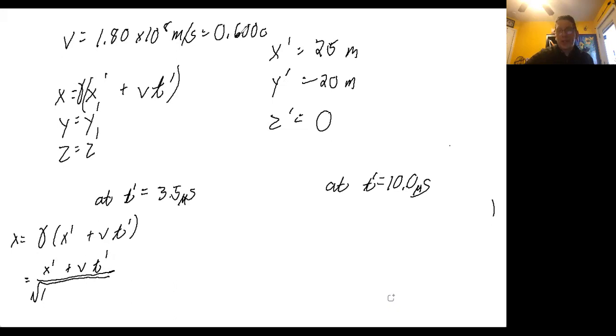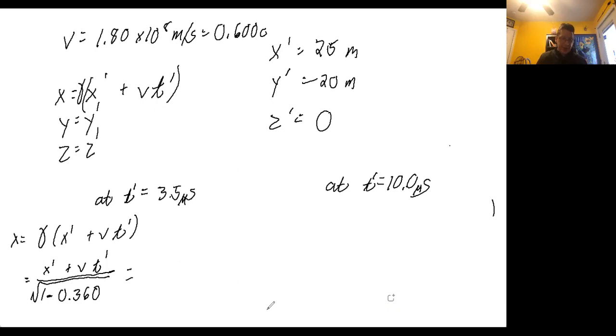So v squared over c squared is going to be 0.360 to 3 significant figures. Again, this number is just v squared over c squared. So you plug these in. Again, x primed is 25 meters, and you have v and t.